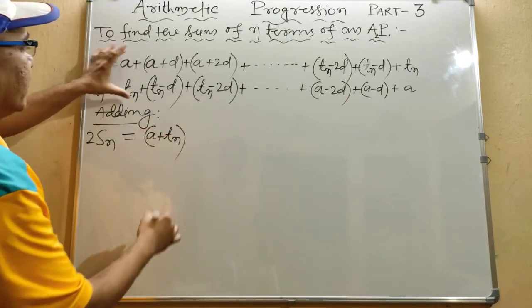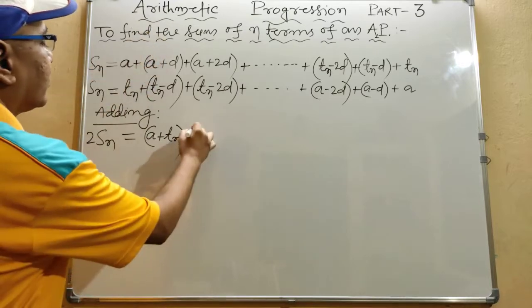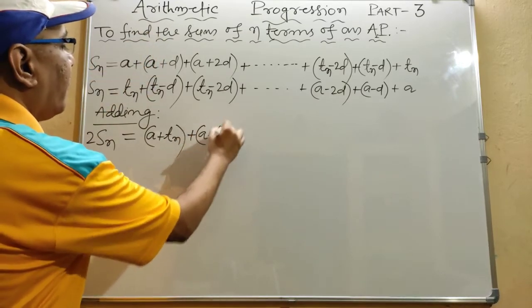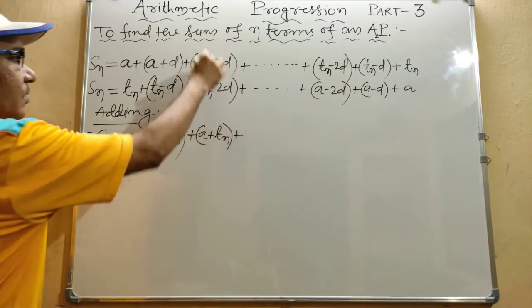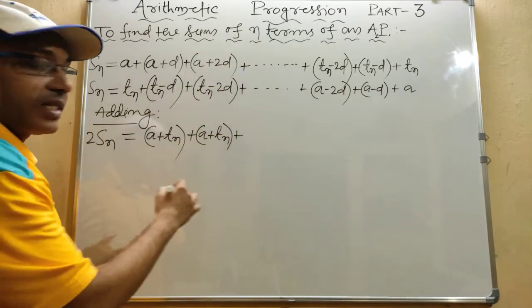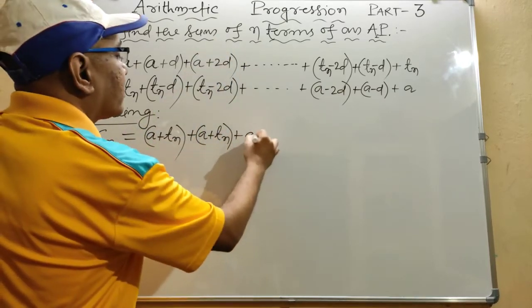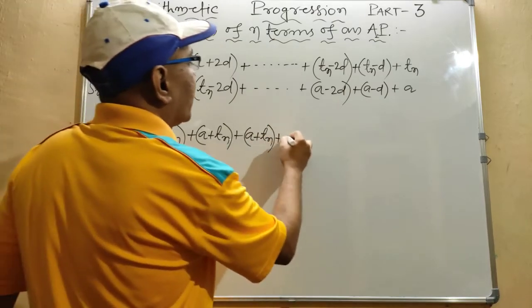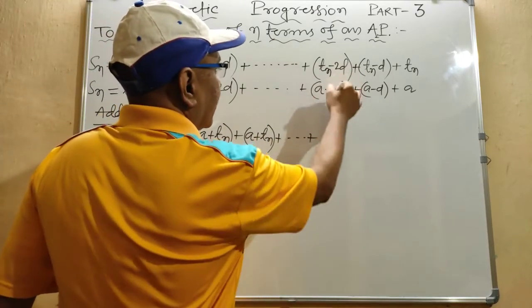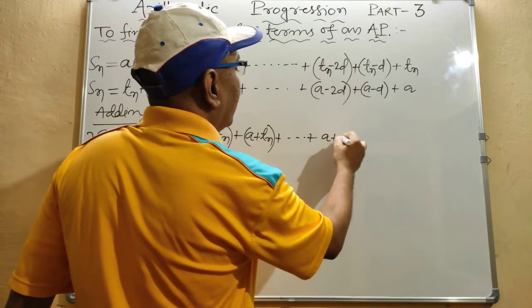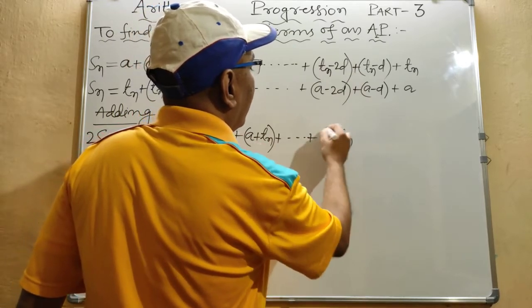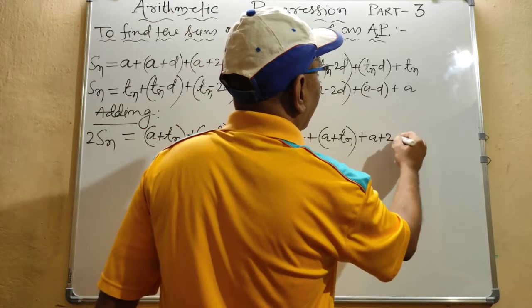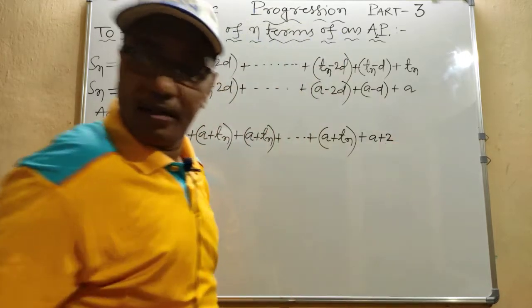Add these two, d cancels, a plus Tn. Add these two, 2d minus 2d cancels, a plus Tn. In this way it will continue. Here 2d cancels, a plus Tn.